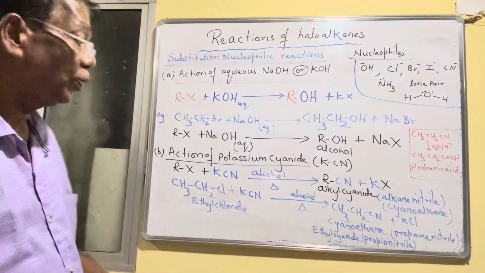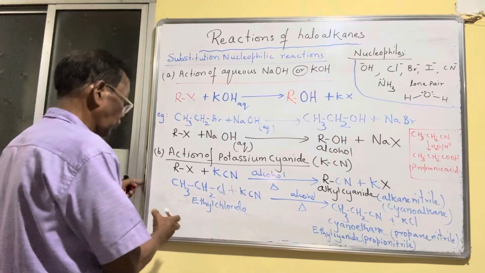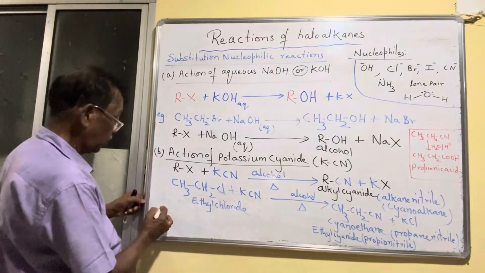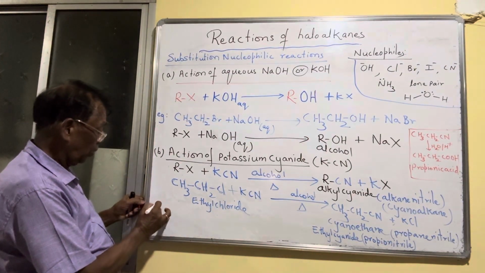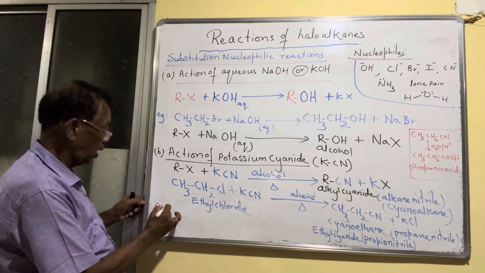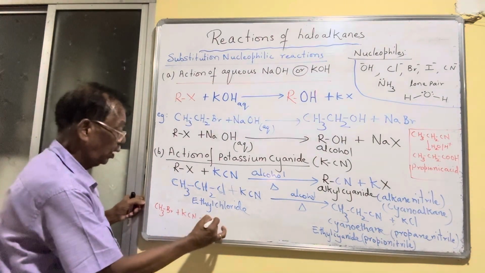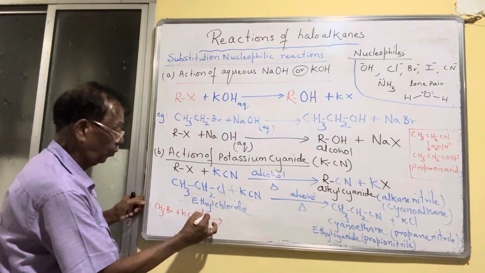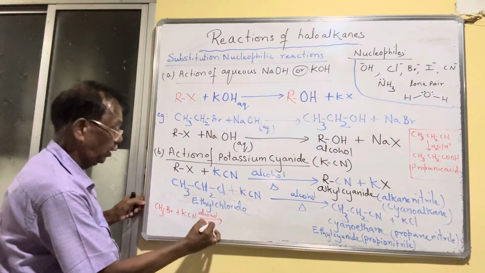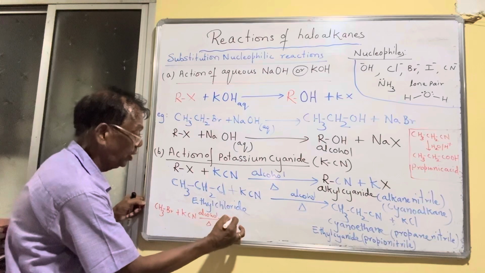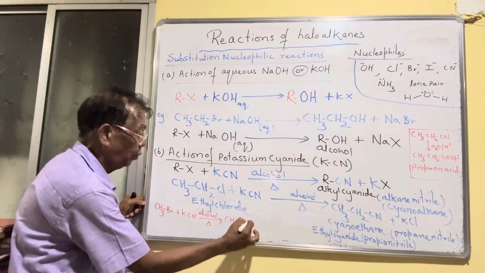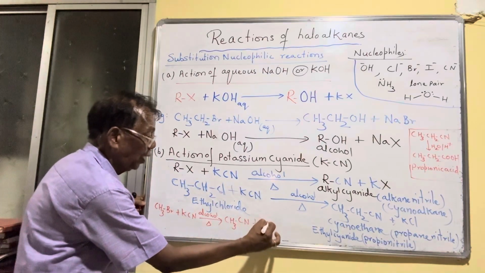Suppose the acid was like this. I'll just go fast here so that you can follow. CH3Br treated with KCN in alcohol and heat. What will end up here will be CH3CN plus KBr.